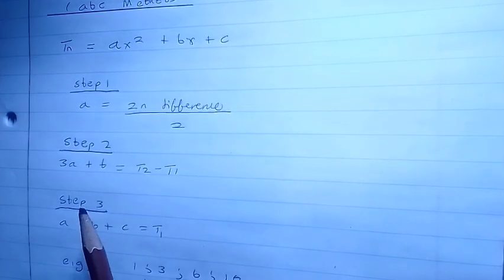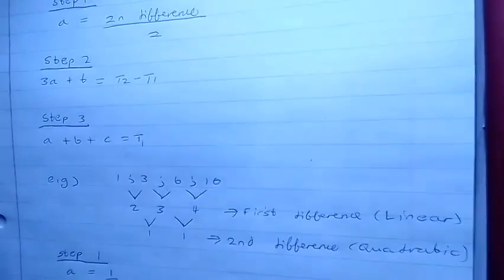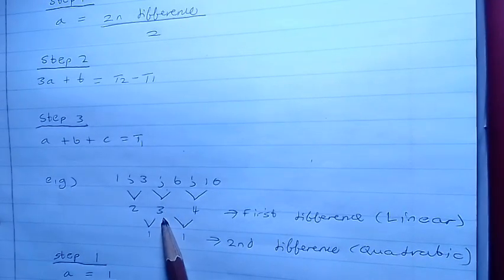So we are going to do an exercise and see how we get this. We have an example here, a number sequence. Now there's a second line difference.